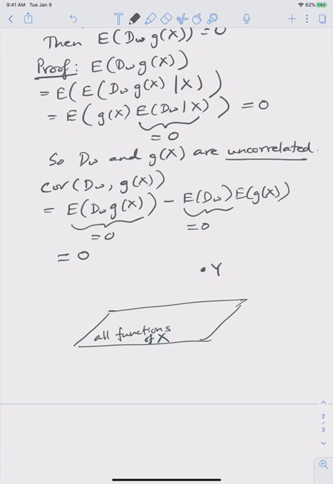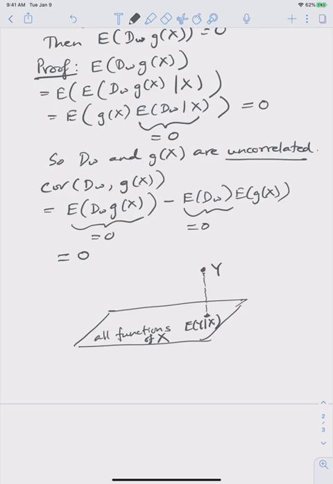And what we have said is that this error, the deviation of Y from the conditional expectation, is uncorrelated with all functions of X. And geometrically, what that means is that the conditional expectation is the foot of the perpendicular that you drop from Y to this plane.